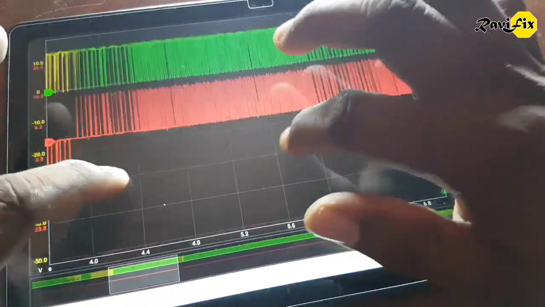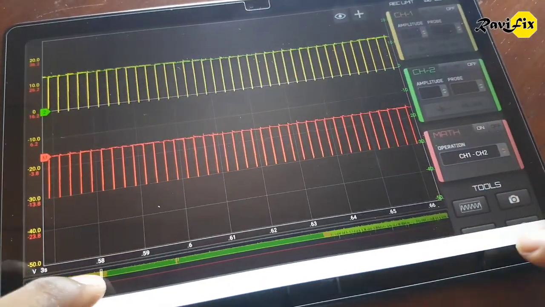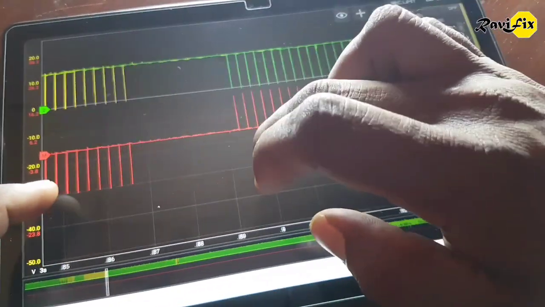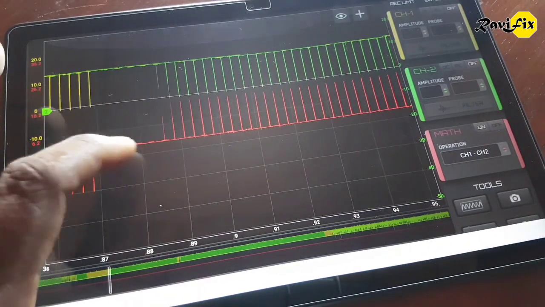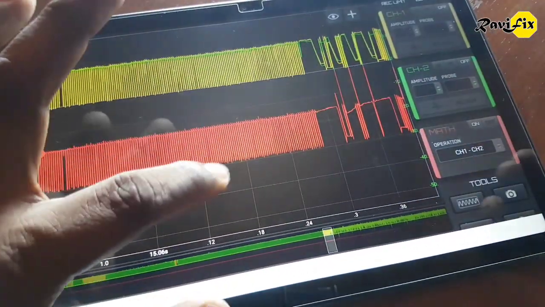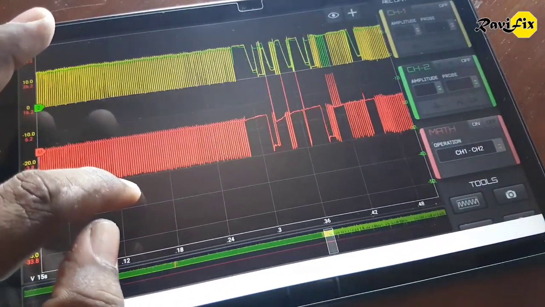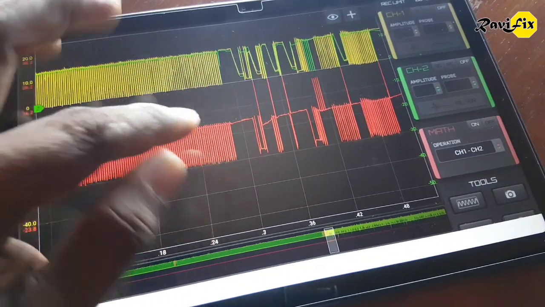Let's zoom in on the waveform for a better view. You can see clearly the duty cycles change according to acceleration and deceleration. But from here you can see a weird pattern on the duty cycle where the problem occurred.